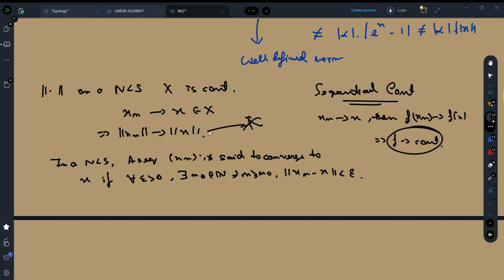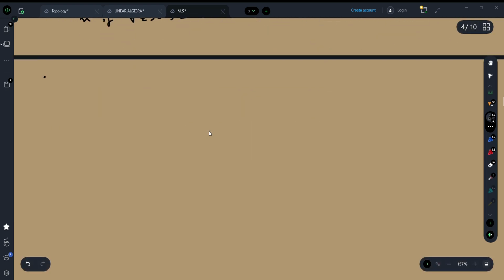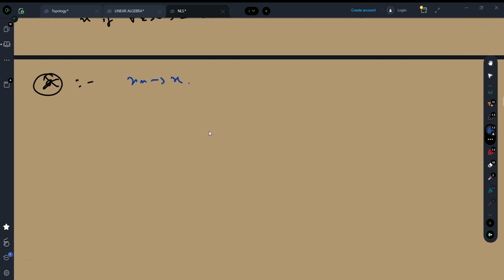So let this be star. Let's continue with star. We have xn converging to x, right? By definition, this means that for all epsilon greater than 0, there exists some natural number n naught such that whenever n is greater than or equal to n naught, the norm of xn minus x is less than epsilon.